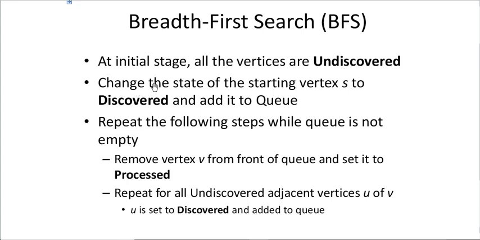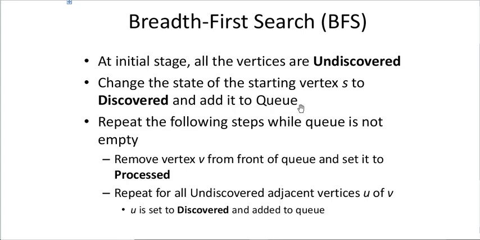Second step, change the state of the starting vertex S to discovered and add it to the queue. As I had told you, BFS uses queue. So the first step is to start with the start vertex S, make it discovered, and add it to the queue.